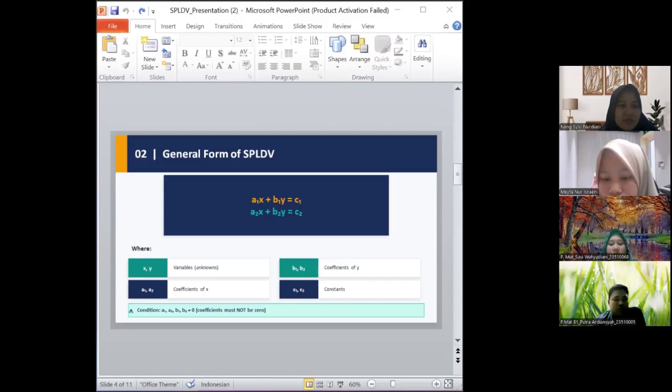And since Susie buys two pens and five pencils for 16,000, that gives 2x plus 5y equals 16,000. Okay, let's see the next slide.